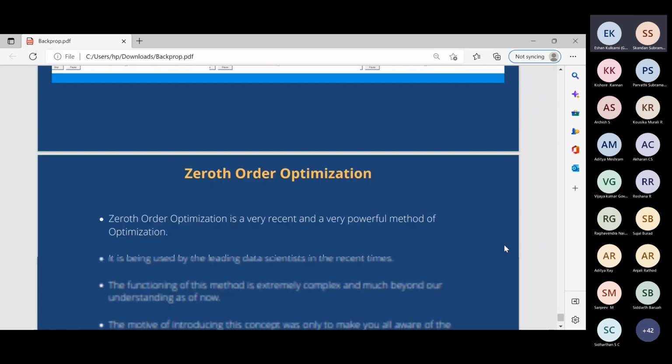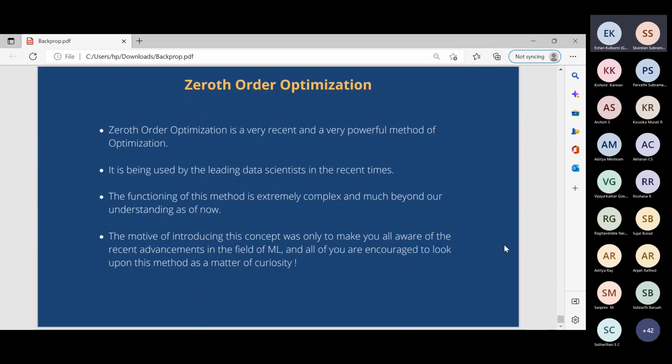So this was it. And the next is zeroth order optimization. The motive of this introduction was just to give an idea that a method such as zeroth order optimization exists.